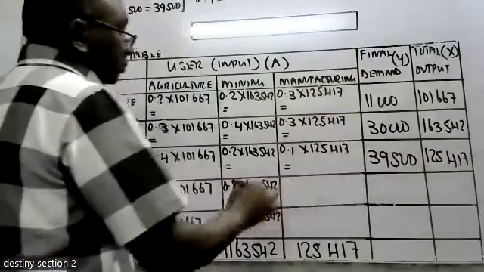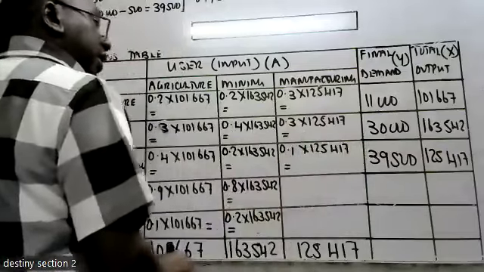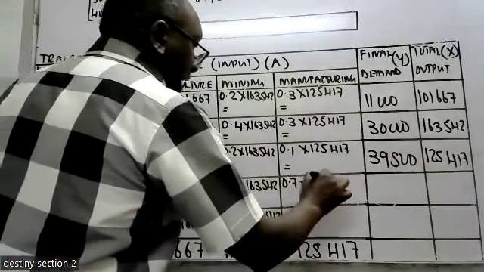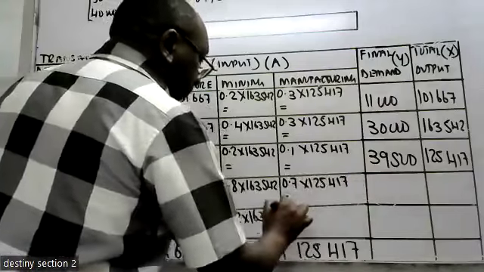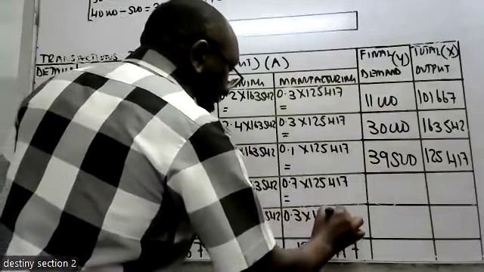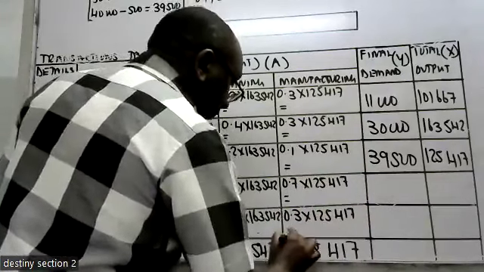This is 0.7 multiplied by 125,417, and 0.3 multiplied by 125,417.